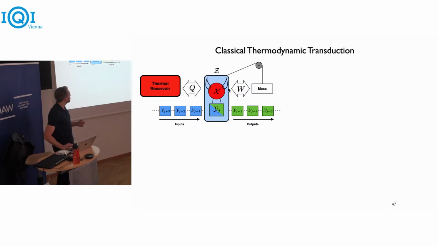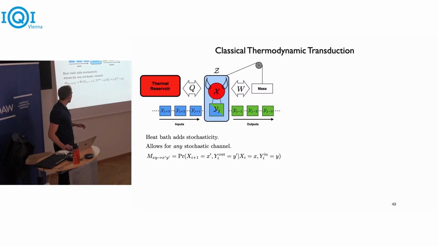It involves some hidden states, X. It involves a thermal reservoir and this interaction region where the states of X can, based on their configuration, affect the input/output variable. And so the heat bath adds stochasticity, and this allows for any stochastic channel to be implemented from input to output. And so that basically allows for any transducer to be implemented with this set of elements.